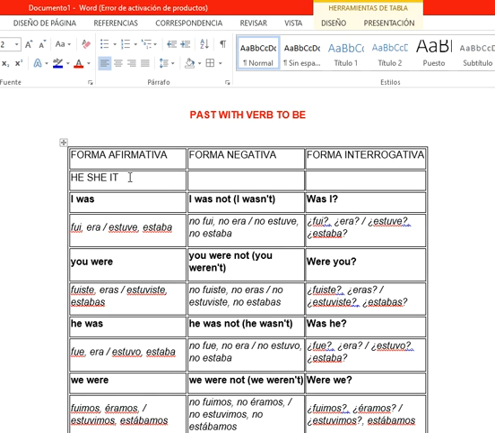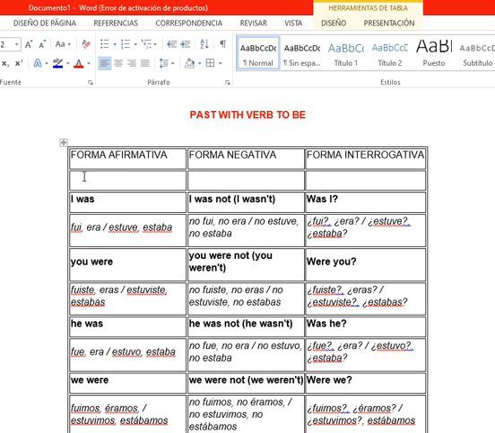And of course, I. All this with was. And the rest, which are you, we, and they, work with were. Take that into account, guys.